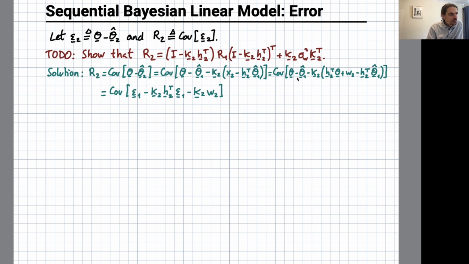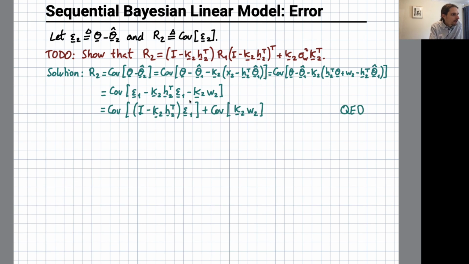So we can start by grouping terms. This is directly epsilon 1, and here, taking common factor H2 transpose, we also get H2 transpose times epsilon 1, and this K2 goes here. Okay, and what remains is this minus K2 times W2 here.